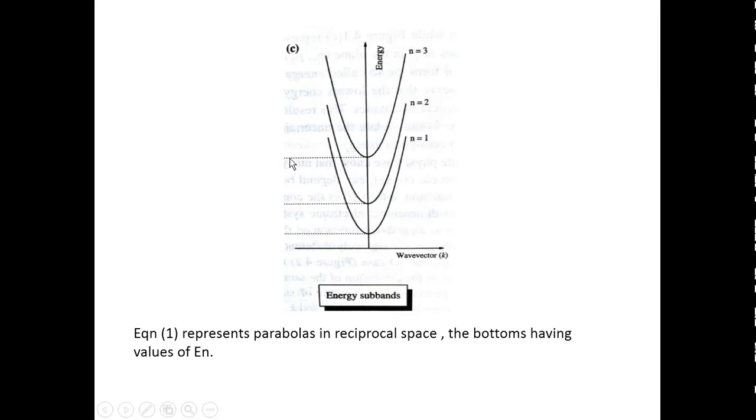The bottommost energy level represents the value of En, and for each level, n is equal to 1, n is equal to 2, n is equal to 3, and so on, there are levels of energy. So this is the energy subband structure, the subband diagram.